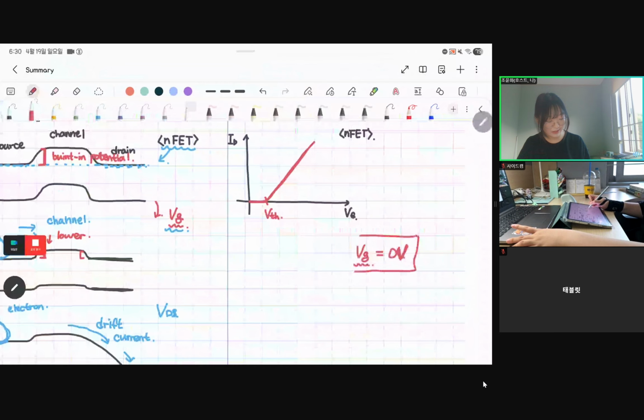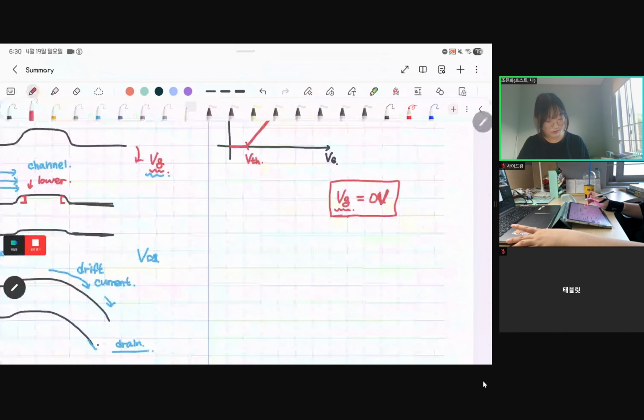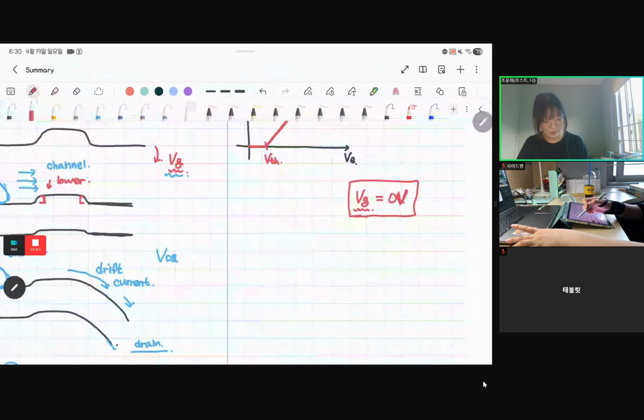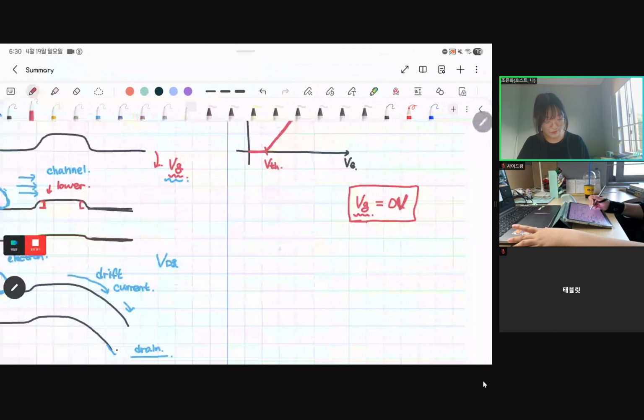Even in this state, because the flat band voltage is too big in the negative direction in this MOSFET, even if the gate bias is 0, the channel has already occurred like this.